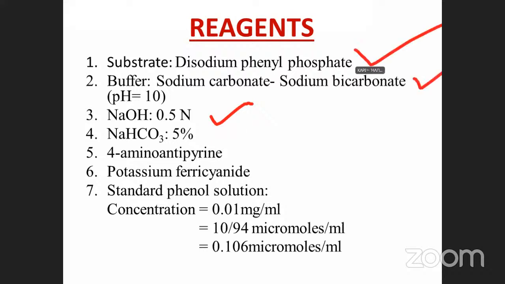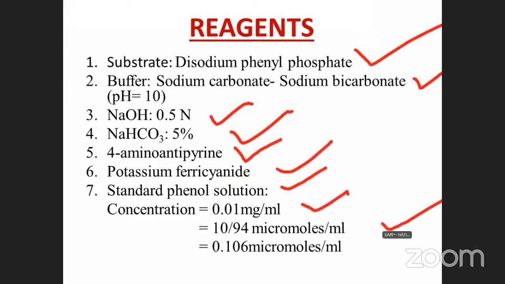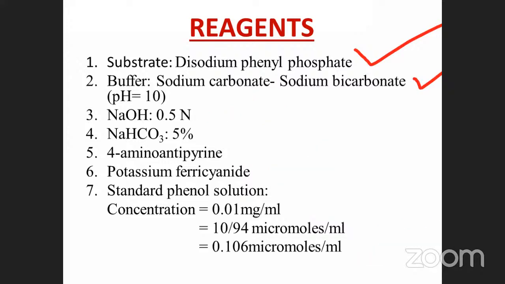Then 4-amino antipyrine and potassium ferricyanide. This is for the formation of the colored product or indicators. Next is standard phenol solution. What is a standard? Its concentration is known.